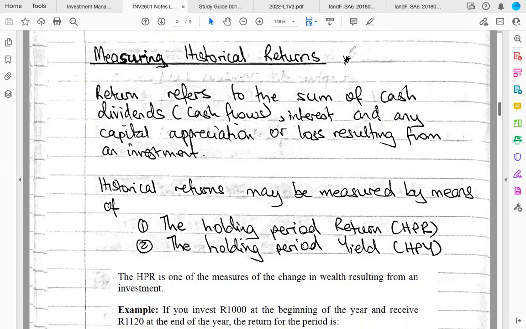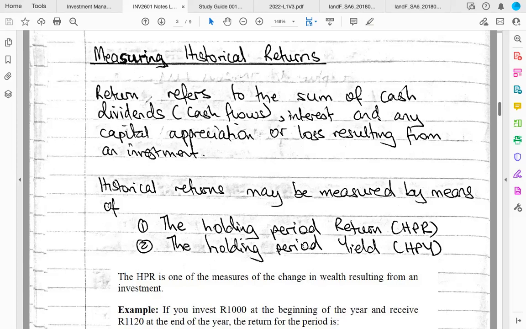So let's say we've had an investment and we've held the investment, let's say for a year or for 2 years, and we want to measure the returns that the investment gave us, like the historical returns of that investment. I'm just going to briefly explain how we can calculate the historical returns for a particular investment, right?